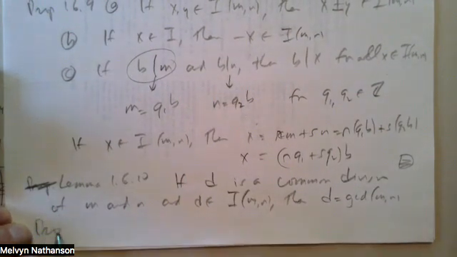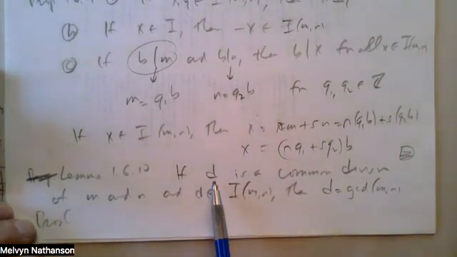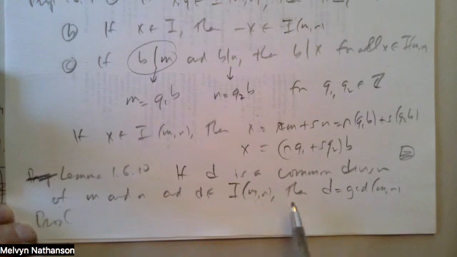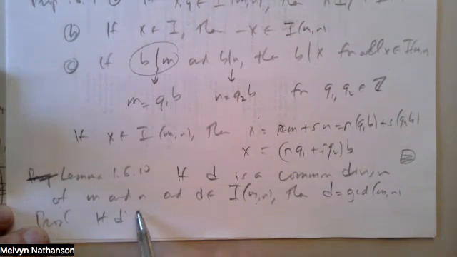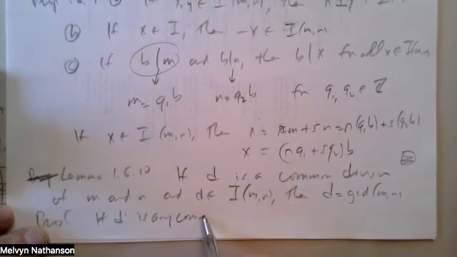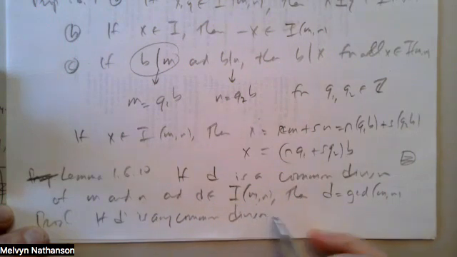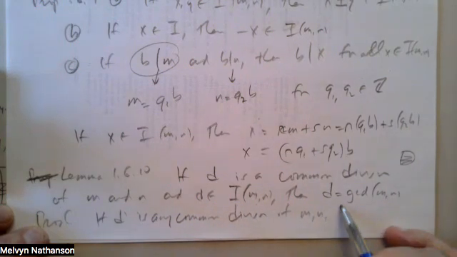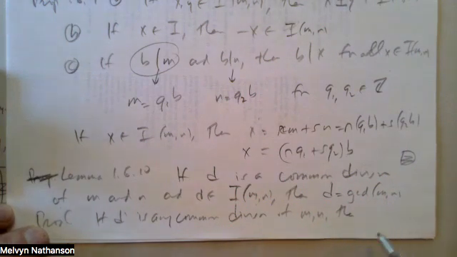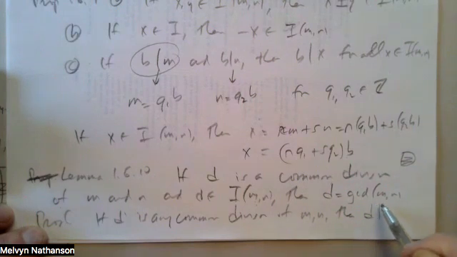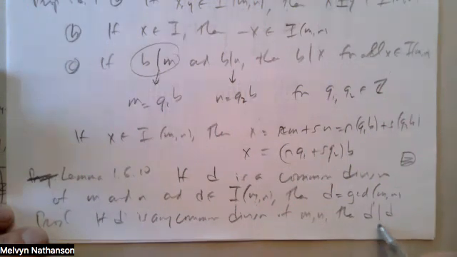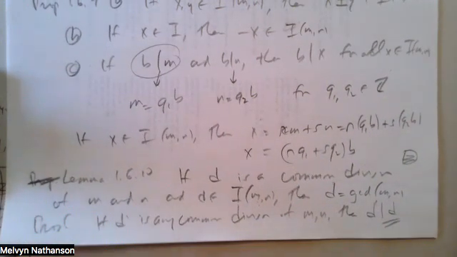And the proof, well, if D is a common divisor and it's in this set, why is it the greatest common divisor? The reason is if D prime is any common divisor of M and N, we just proved that every common divisor of M and N divides everything in this set I. And D is in I, so D prime divides D. So every common divisor of M and N divides D. So this D is the greatest common divisor.